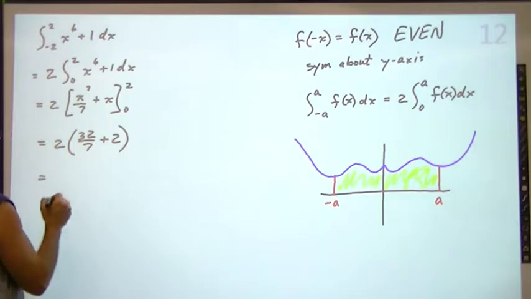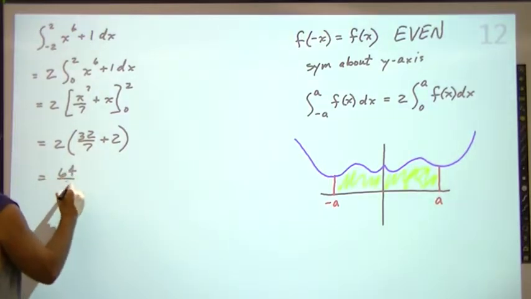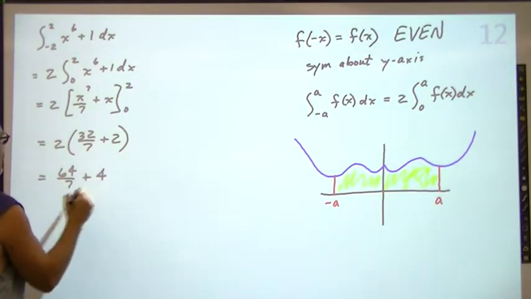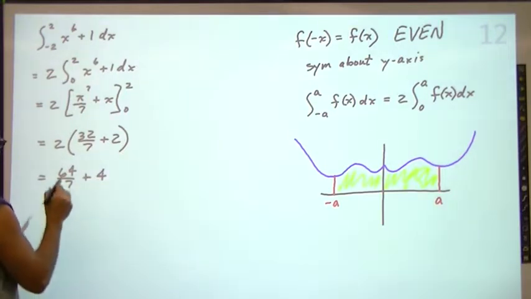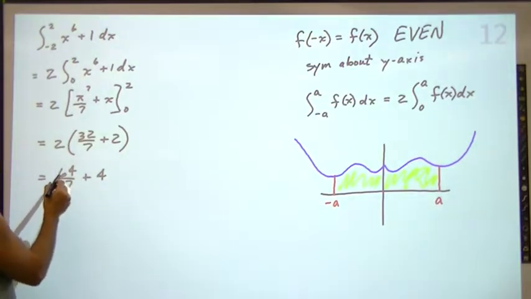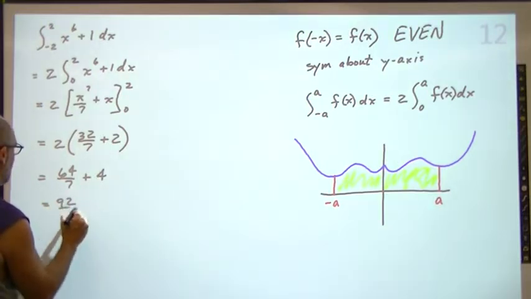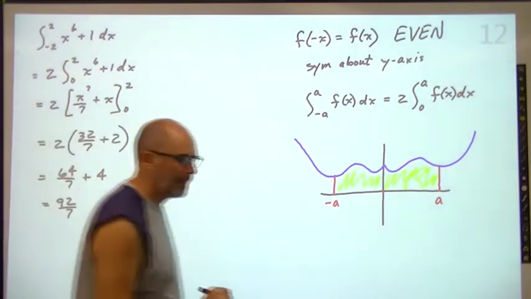So I end up with, let's see, 64 sevenths plus 4, which is, let's see, that's 28. 28 and 64 is 92 sevenths. Bam!